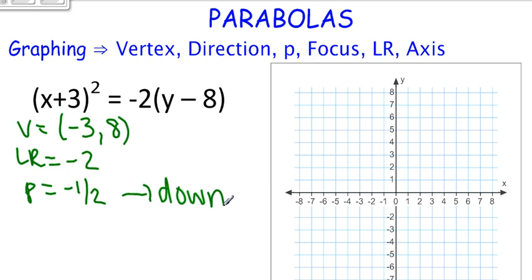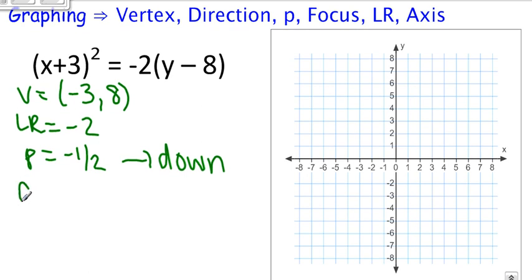To get our focus point, we're going to add our p to our y term, because we want our focus to be going vertically up and down for this graph. So it's going to be negative 3, 8 minus 1/2.